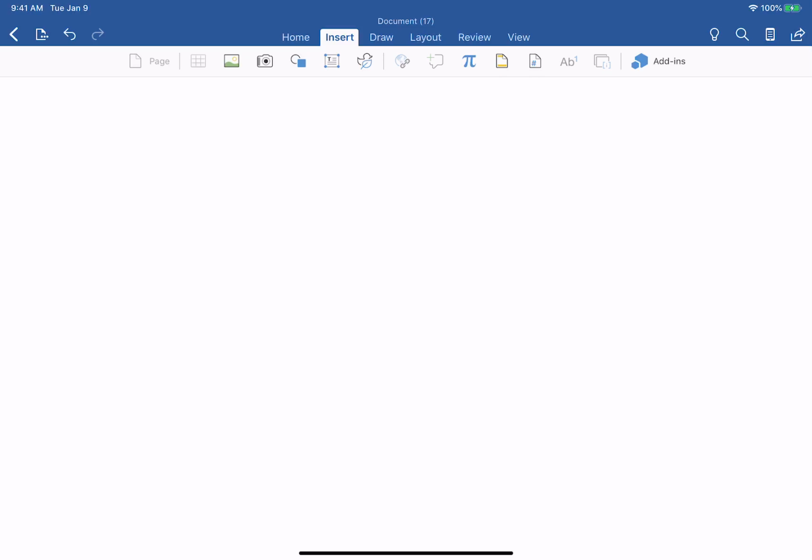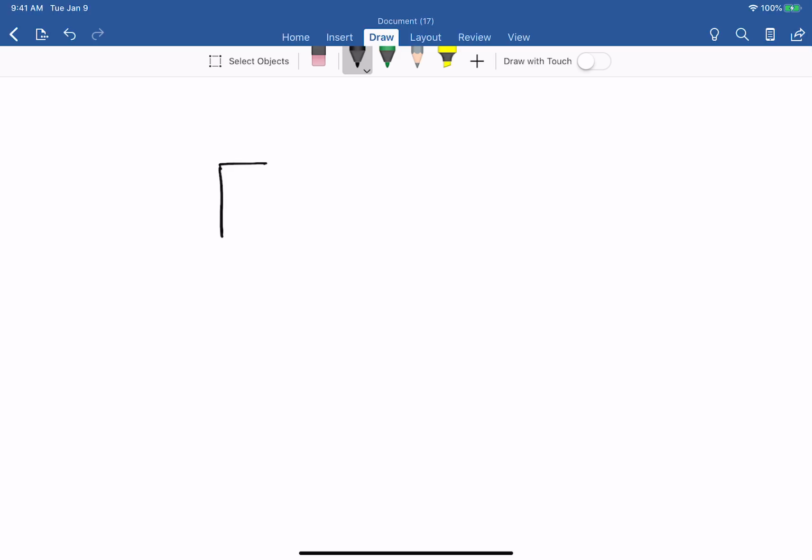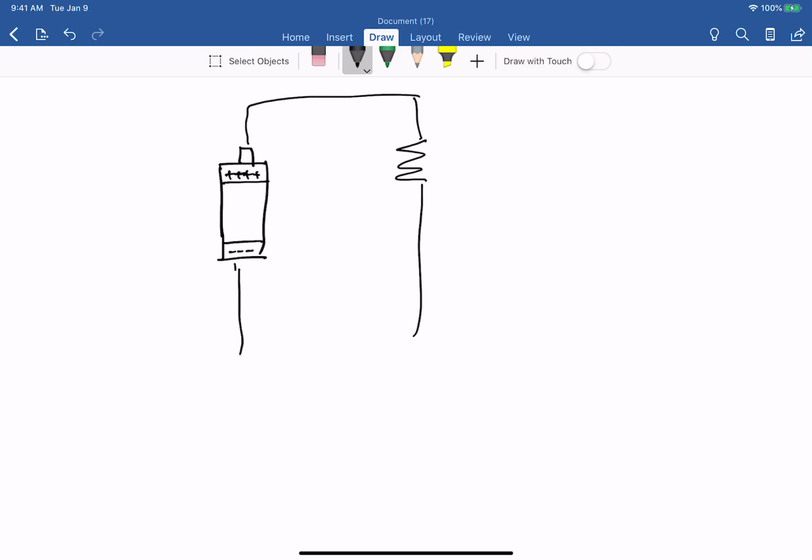So here is how I defined EMF back in chapter 25. Here is a battery. The battery has a positive terminal and a negative terminal. Okay, and suppose I connect the battery to a circuit. The moment you make that connection, what happens?